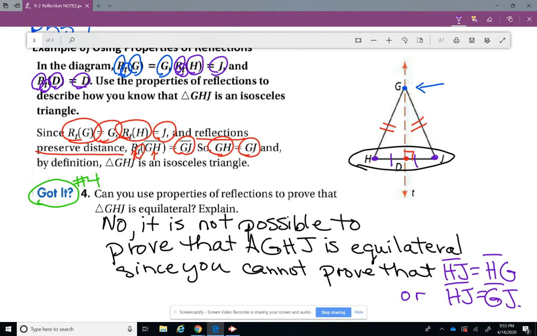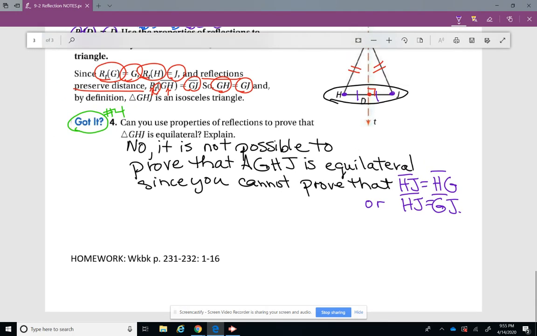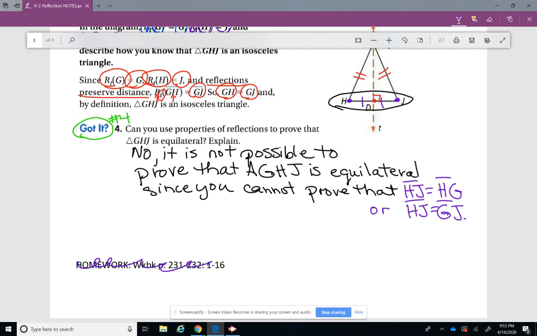All right, and that's the end of this lesson. This homework is not the right homework. I'll put your problems down here. Your homework, which are what I call your practice problems, you're going to do problems 1 through 3. Then you're going to do number 7, 11, 13, and 17.